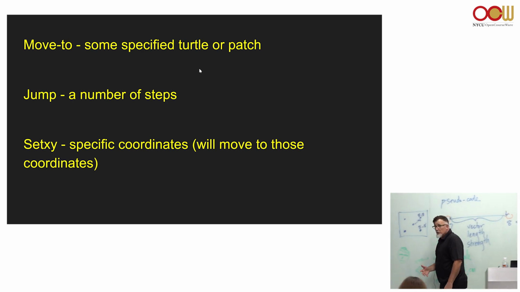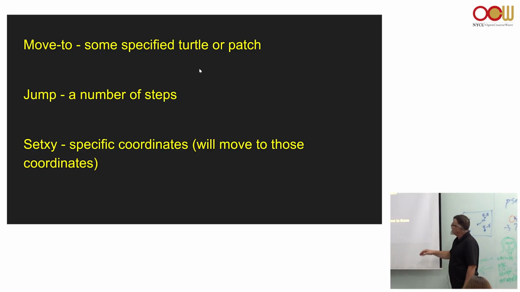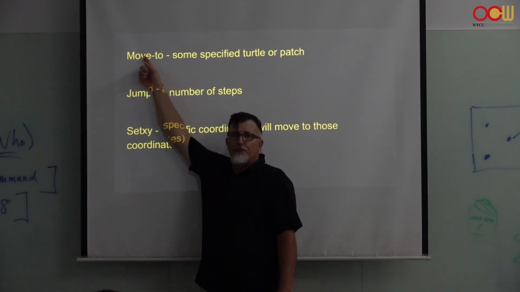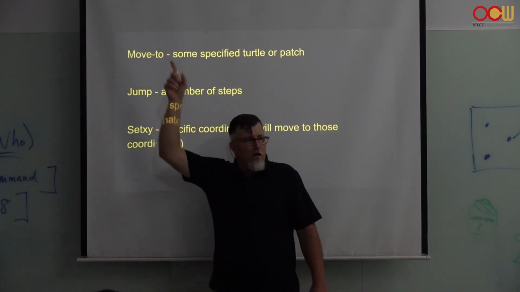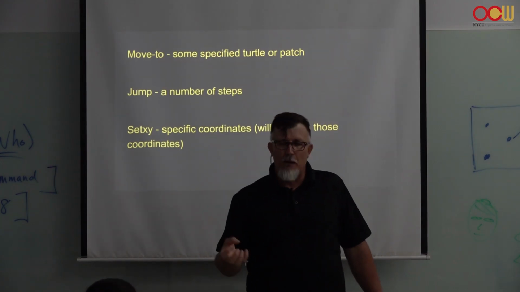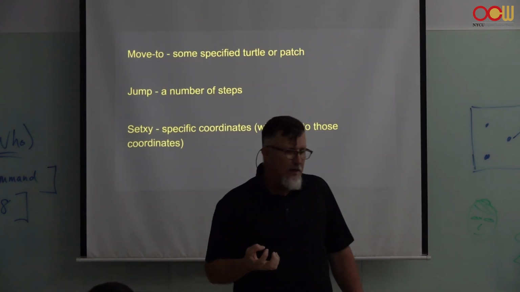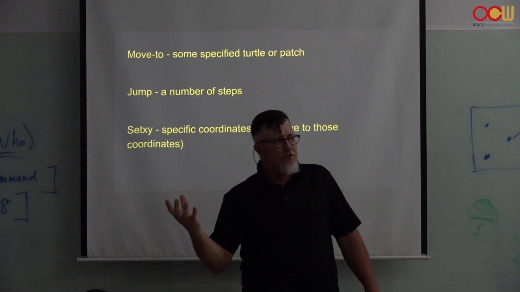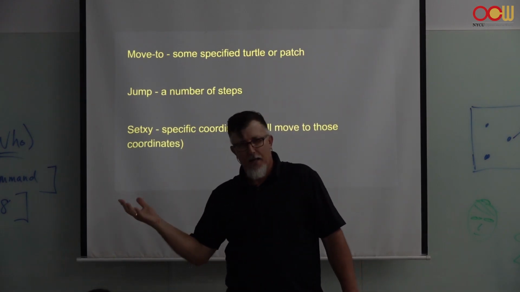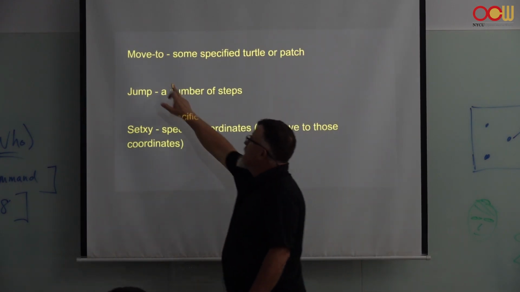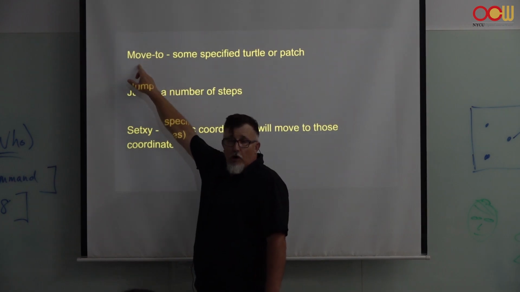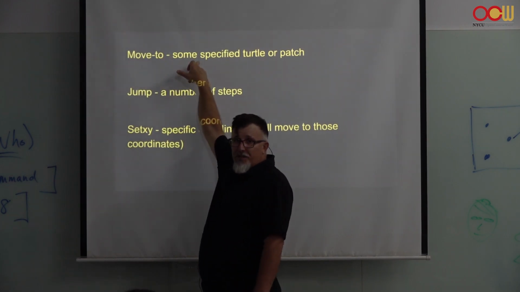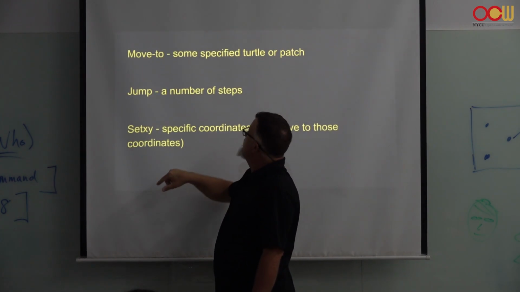You also used, in one of the models we just built, the command move to. You asked a subgroup of your turtles that you created to move to a new set of coordinates, which were 8, 8. Right? You're telling the turtles, wherever you are, jump to the coordinates 8, 8. Move to it.